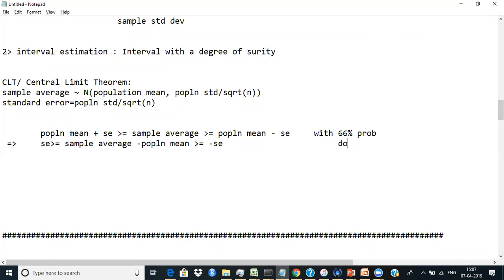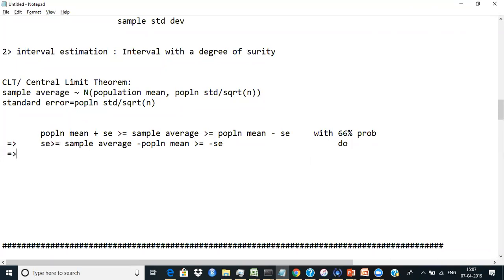Okay. Now, let me know if you agree with the next statement or not. I just multiplied the whole expression by -1. All of you understand this? Okay.